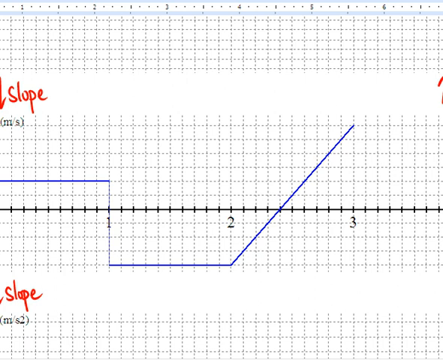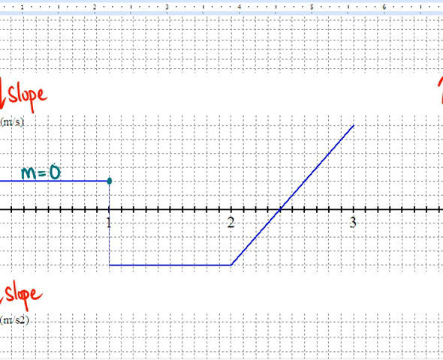Now let's go ahead and talk about the slopes first, because I think that's probably the easiest. What we need to do is figure out the slope of a couple of line segments here. Shouldn't be too bad at all. Let's go from 0 seconds to 1 second. What is the slope of that line? Well, it's horizontal.